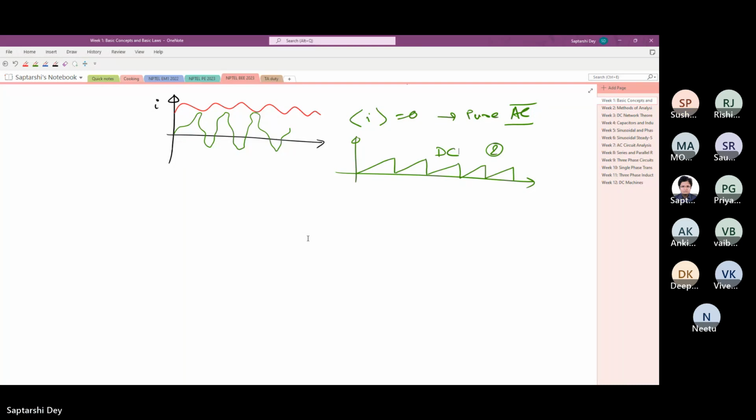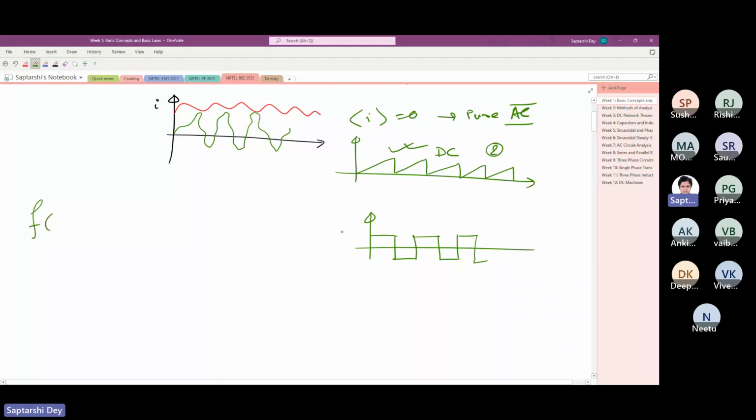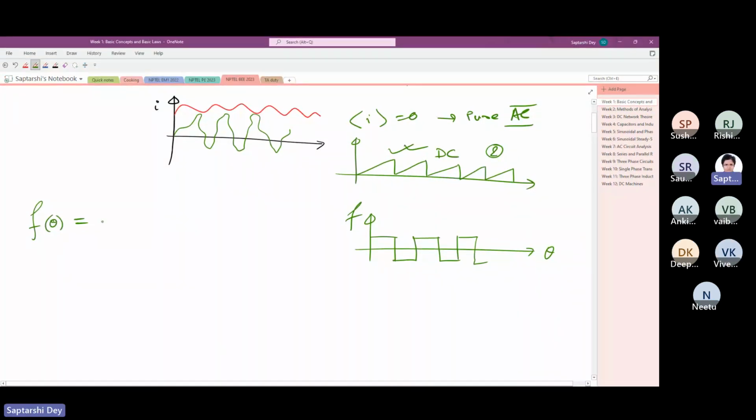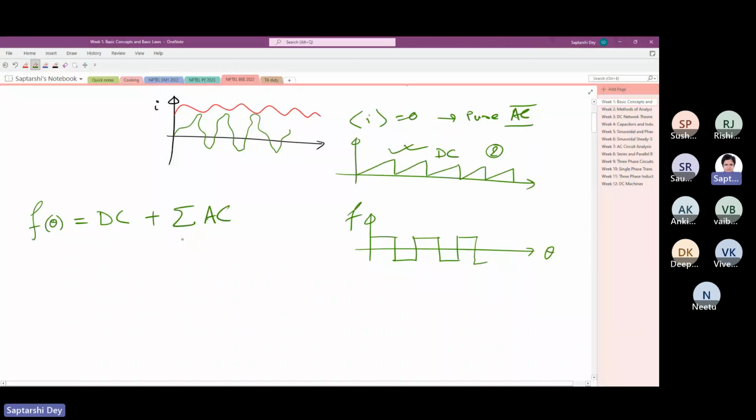Any periodic waveform, say a function f of theta, take this sawtooth waveform or a square wave, can be written as a DC component plus a summation of AC components of different frequencies, say f1, 2f1, 3f1.